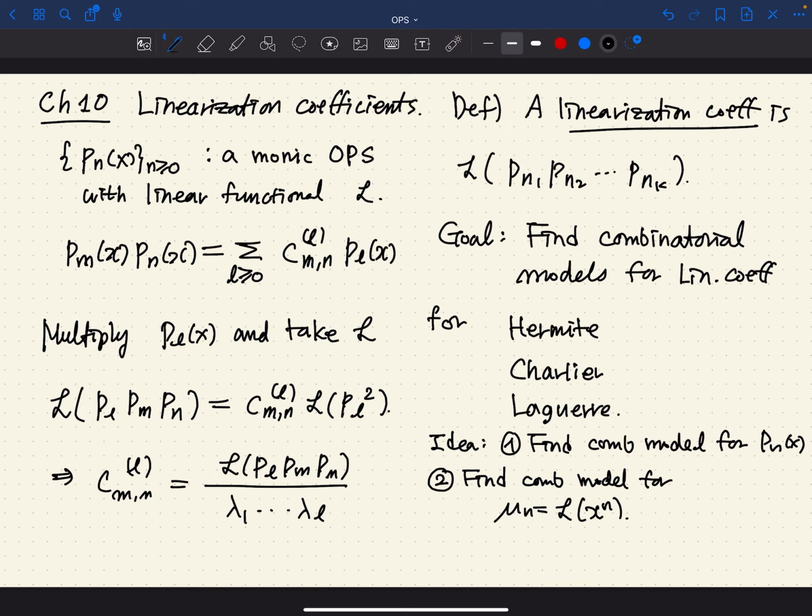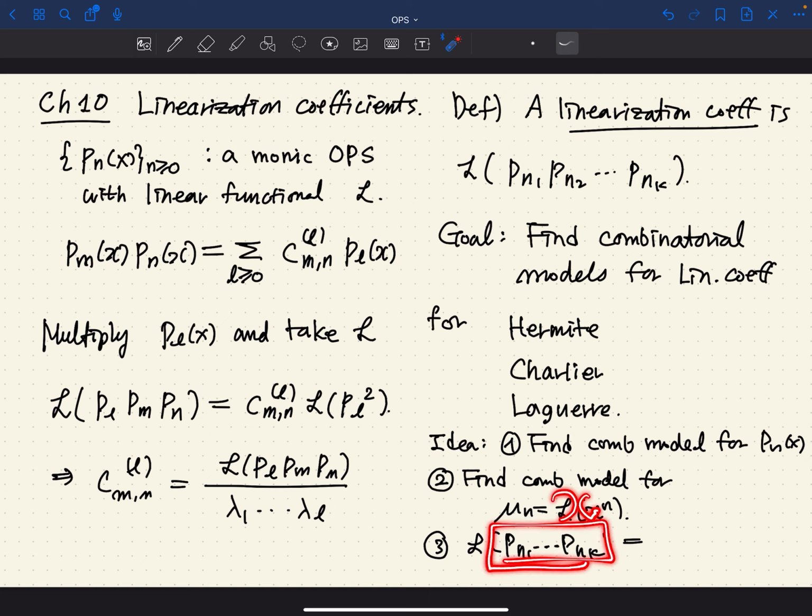Then the third step is L of p_{n_1} through p_{n_k}. Using the combinatorial model, we can expand this as a combinatorial generating function and so on. So we have a k-tuple of combinatorial models, and then they have some x in it.